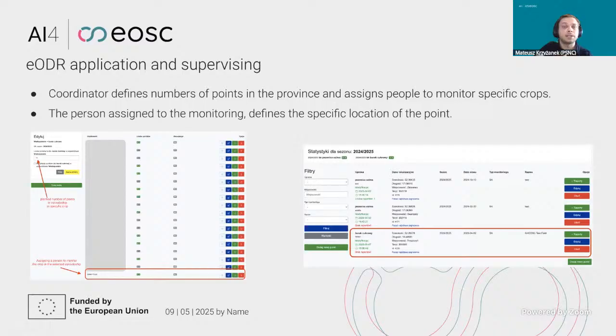The assigned person is then provided with convenient tools to specify the exact location of the monitoring point. They can use public cadastral parcel databases and, for example, search for a field using a parcel number or where the observations will be conducted.